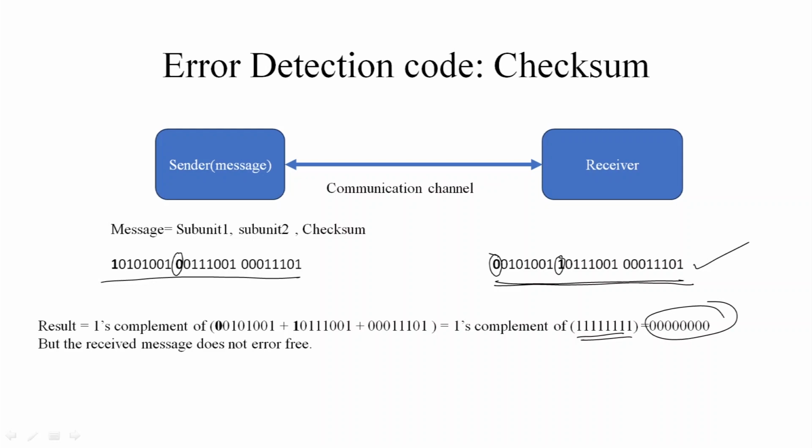What happens here? This says that the message is correct, but actually the message contains an error, and this error is not detected by this method. Why? Because more than one bit position is changed.